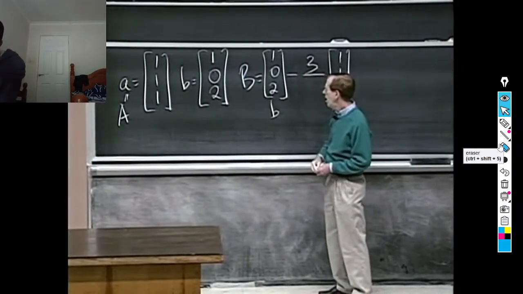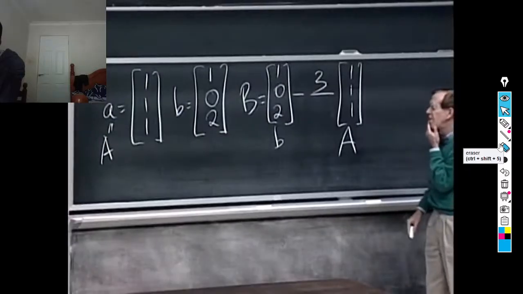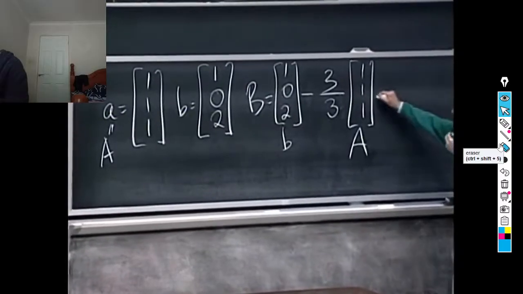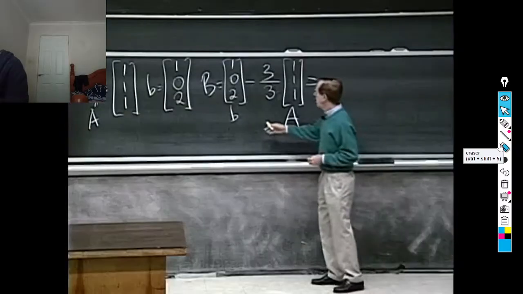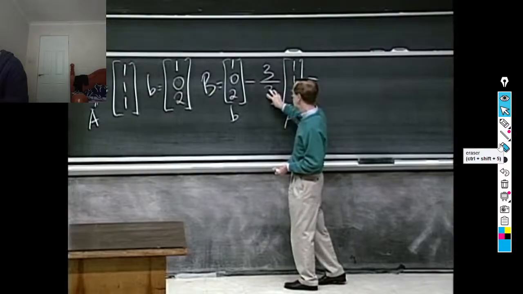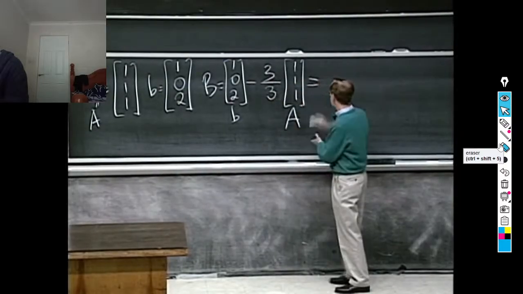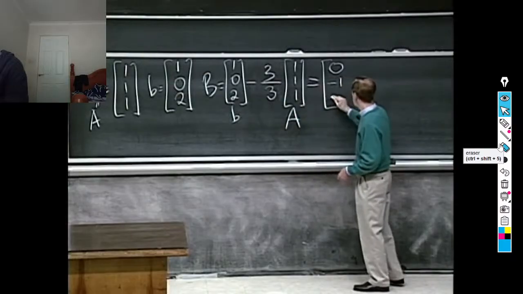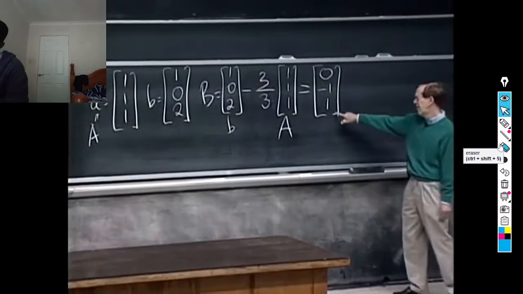It looks like 3. And what's A transpose A? 3. I'm sorry, I didn't know that was going to happen. Okay, but it happened. That's A transpose b over A transpose A, the fraction. So I take this away, and I get 1 take away 1 is a 0. 0 minus this 1 is a minus 1. And 2 minus the 1 is a 1. And what's this vector that we finally found? This is B.